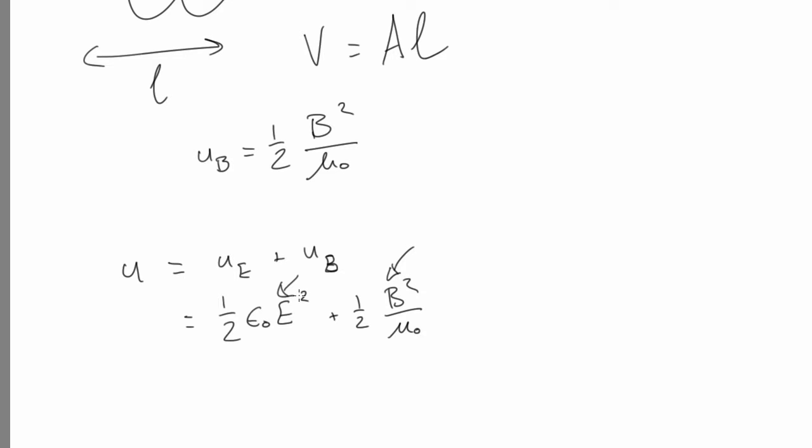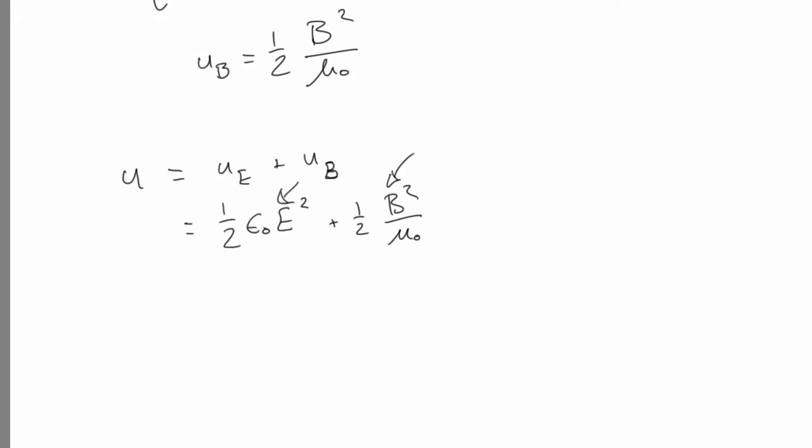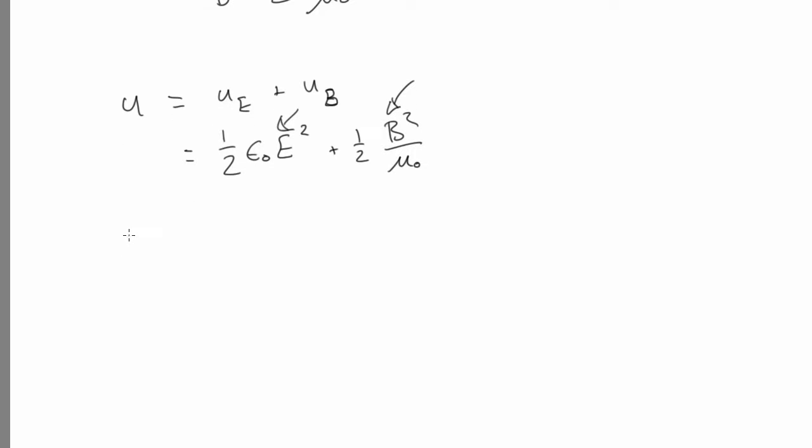of our electromagnetic wave, but we can actually write this in terms of just the electric field. Now we would have learnt that the magnetic field strength is equal to the electric field strength divided by c, the speed of light.